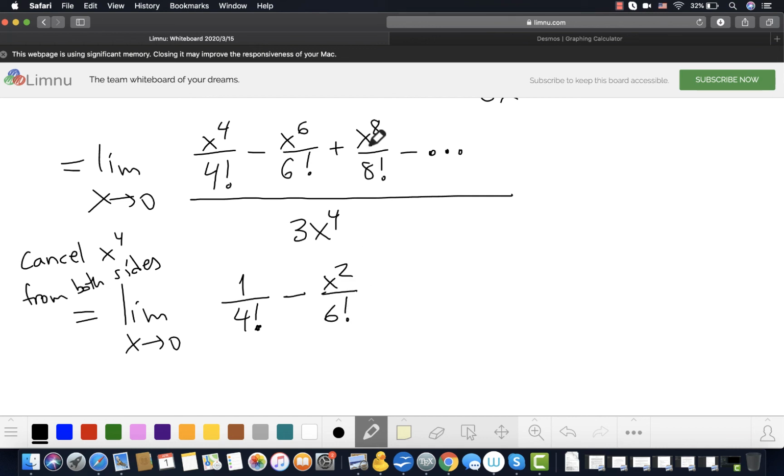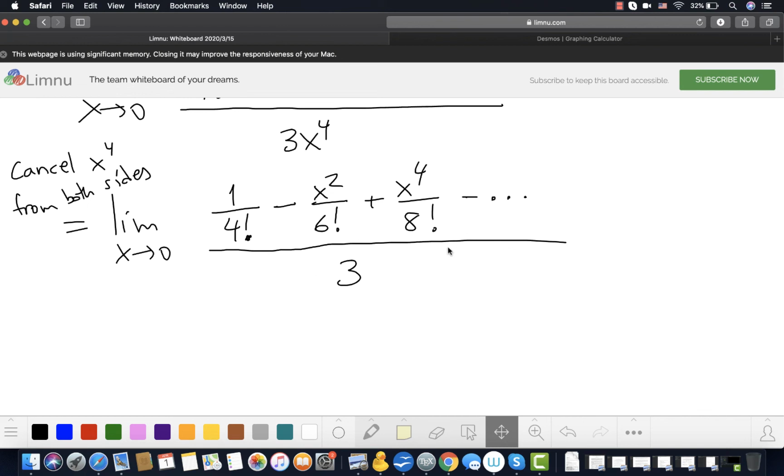Then x to the 8 divided by x to the fourth gives plus x to the fourth over 8 factorial, and so on. So here you have higher powers of x, and if you divide the denominator by x to the fourth, you just get 3.